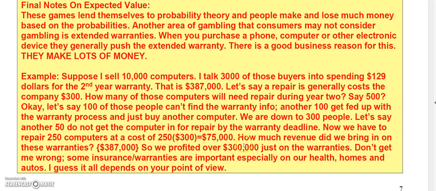Now compare that with how much revenue we brought in by selling the warranties, $387,000. So actually your warranties profited you over $300,000 for the business. So the business profited over $300,000 just on the warranties. Now, don't get me wrong, some insurance and warranties are important, especially on our health, homes, autos, etc. But some of these others depends on your point of view.